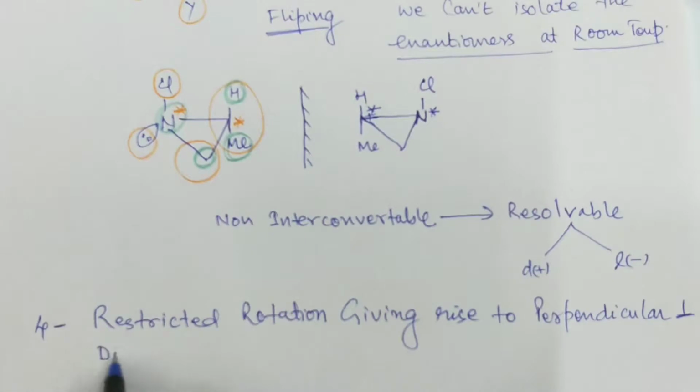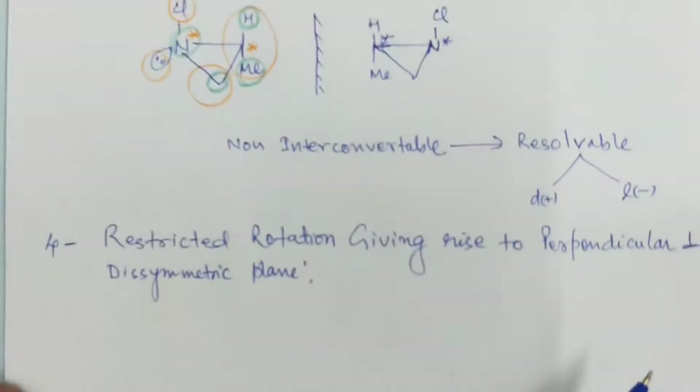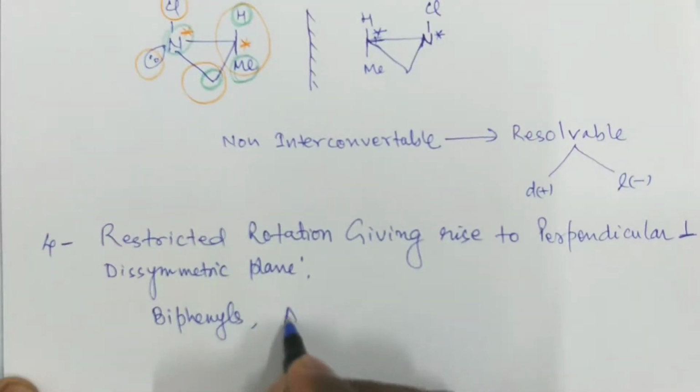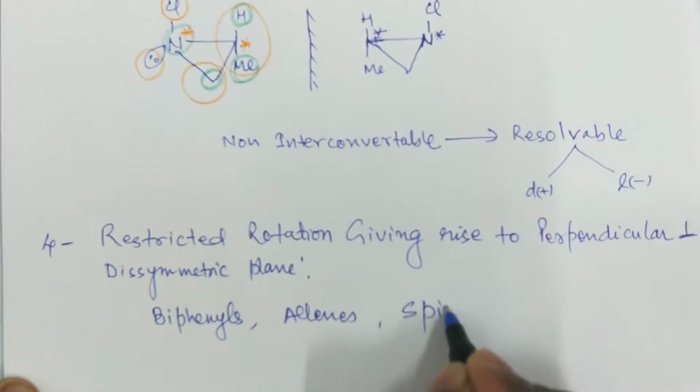In this category, we have two or three classes of compounds: biphenyls, allenes, and spiranes.